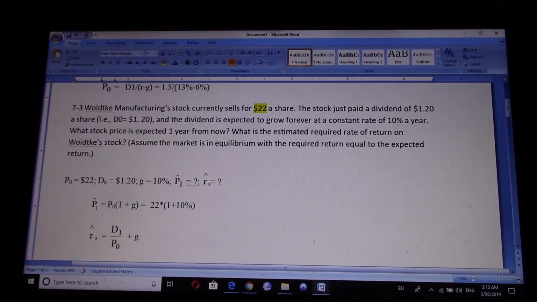So this is P1. To calculate R, since we know P equals D1 over R minus G, we can derive the R equation from this. So this is the equation to calculate the return. It equals D1 divided by 22, plus 10%. Here 1.2 is D0, so we should calculate D1.